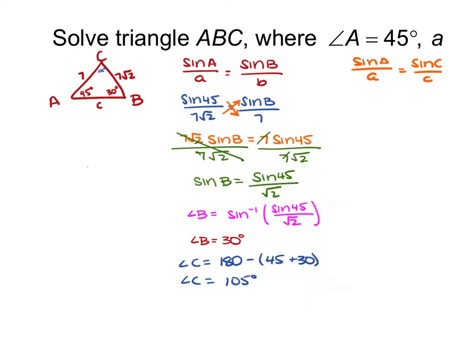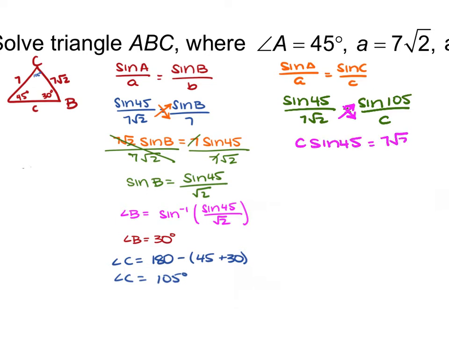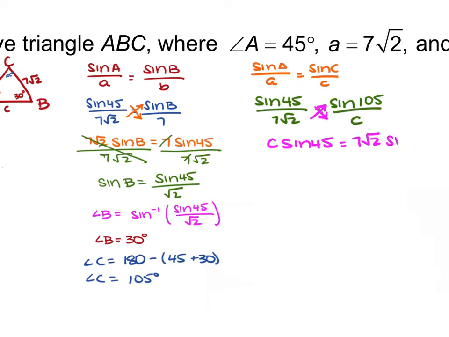So this is just saying sine of angle A, which is sine 45, over 7 square root 2 is equal to the sine of angle C, which we said was 105, over C. And we find for C. Cross multiply. This is going to give us C sine 45 is equal to 7 square root 2 sine 105.